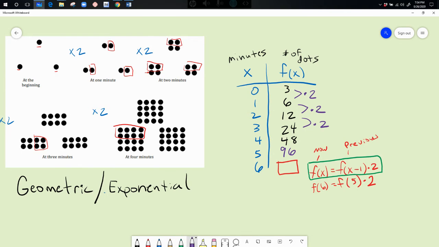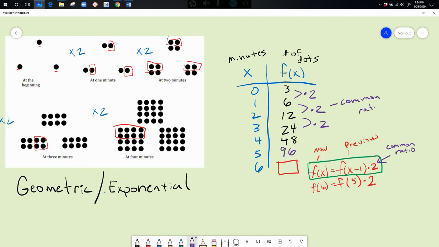And this right here is whatever the heck I was multiplying by every single time. It's called my common ratio, but I just like to tell kids, hey, just remember it's whatever the heck you're multiplying by every single time.